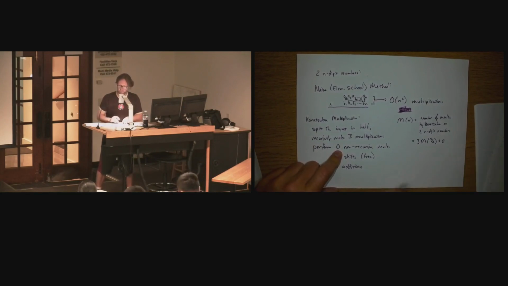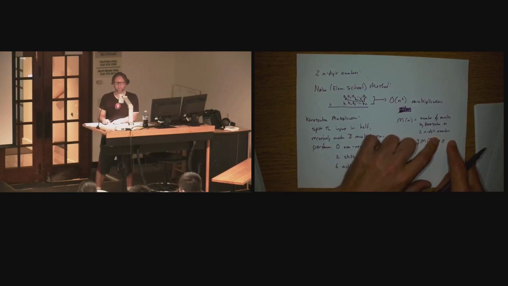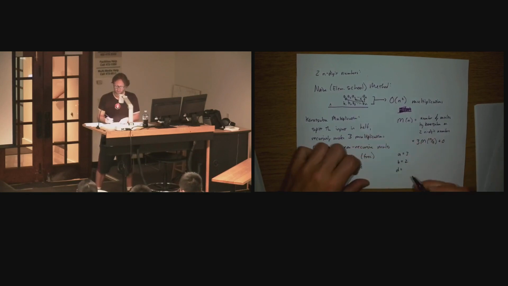0. So by the Master Theorem, A is 3. We're making 3 recursive calls now. B is 2. We're cutting it in half each and every single time. And D is equal to what? That is bounded by a polynomial of degree 0. So 3 versus 2 to the 0, which is equal to 1. This is strictly greater.